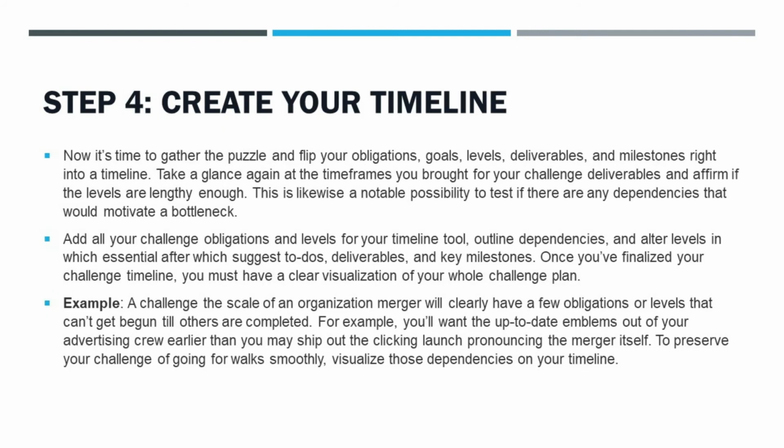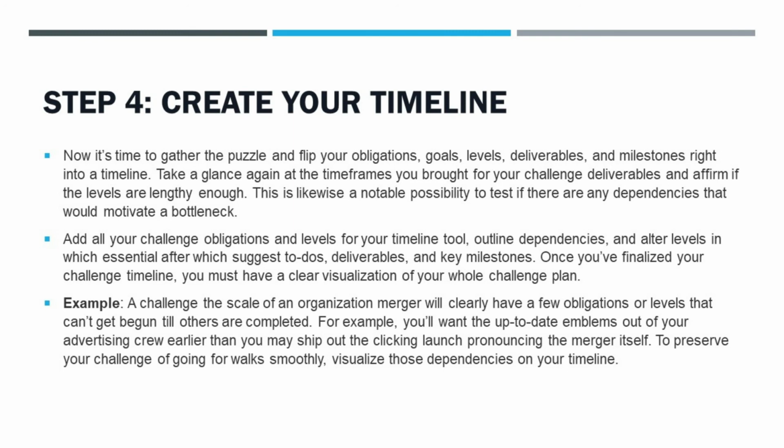Step 4. Create your timeline. Now it's time to assemble the puzzle and turn your tasks, goals, phases, deliverables, and milestones into a timeline. Take a look back at the time frames you added to your project deliverables and confirm if the phases are long enough. This is also a great opportunity to check if there are any dependencies that would cause a bottleneck.